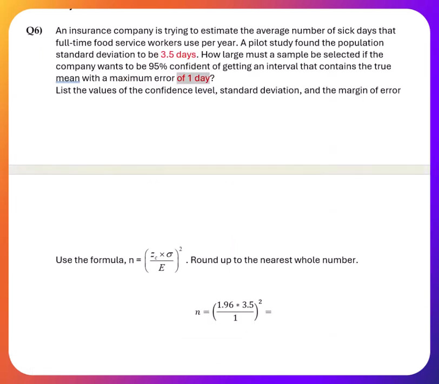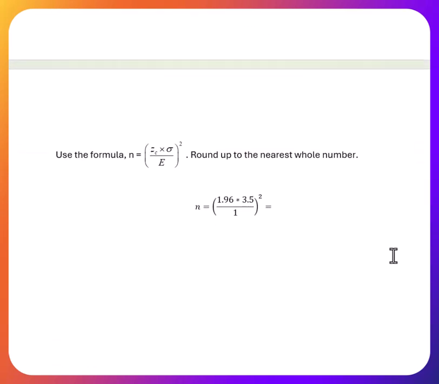So we can go to the document, and I'll show you what I put there. I put n equals 1.96. This is ZC. Sigma is 3.5 divided by 1, then square it. And let me give you what the answer is.